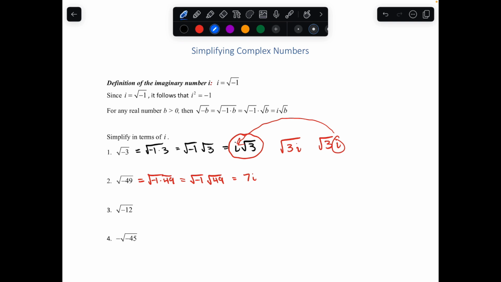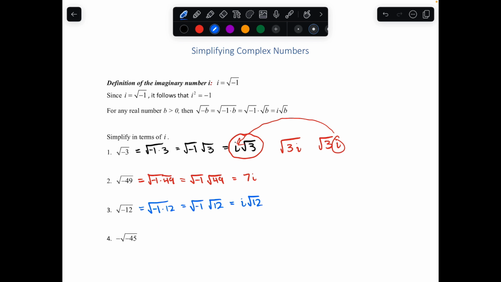So moving on to our next problem, we have the square root of -12. We're just going to follow our normal process, and we have the square root of -1 times 12. We separate that into the square root of -1 times the square root of 12. And this is going to be i times the square root of 12. Now, technically that's not wrong, but we can simplify the square root of 12 further.